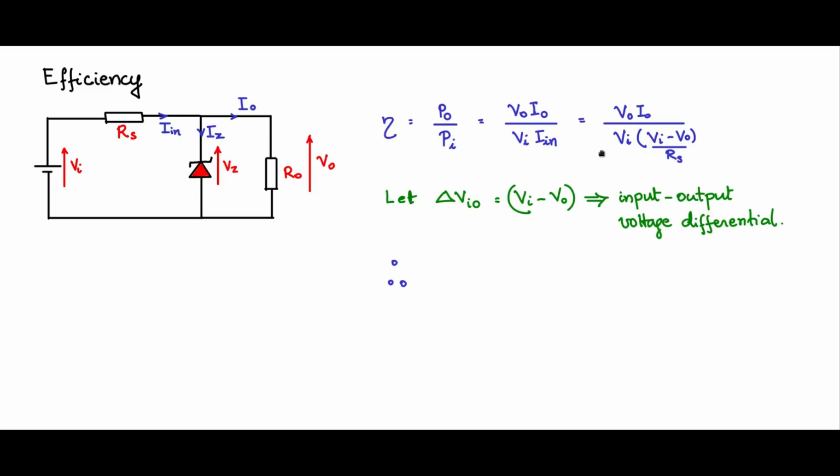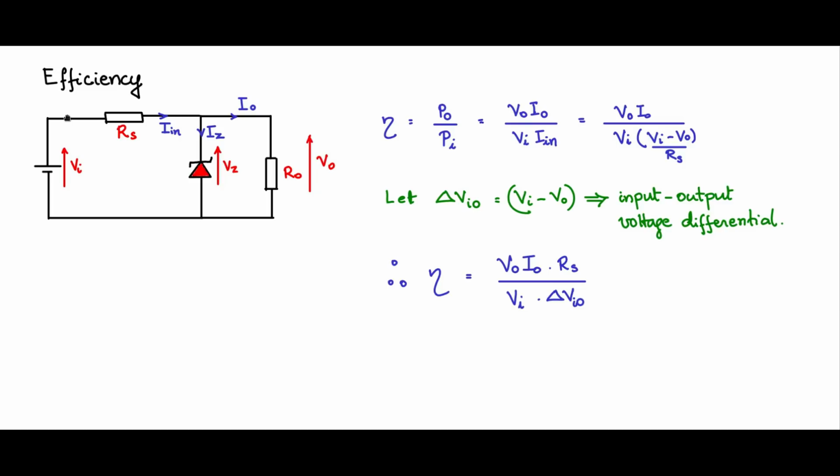Now we can rewrite efficiency as V0 I0 Rs divided by Vi into delta VIO. So this will be the efficiency relationship. Observe that as delta VIO, the input output voltage differential, increases, efficiency will decrease.